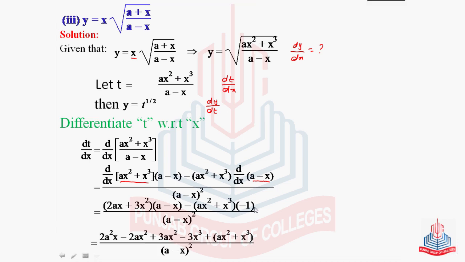Now we simplify this step, that will become 2ax into a, 2a square x minus 2ax square plus 3ax square minus 3x cube, which is actually the product of these two terms. Simply we have to multiply these two terms. This minus and this minus will become plus, and we have ax square plus x cube.